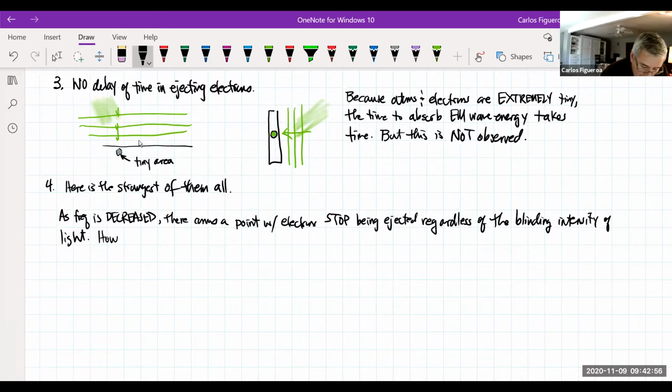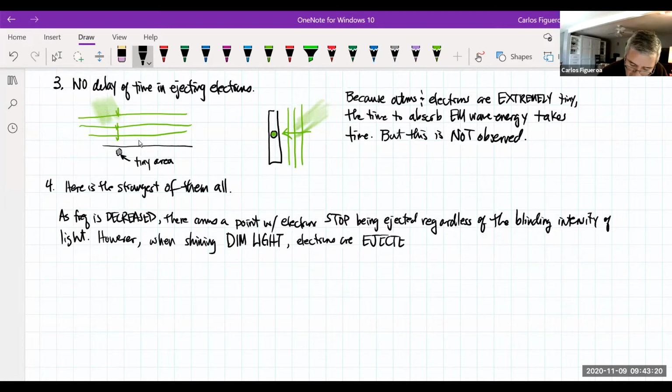However, when shining dim light, electrons are ejected, right? They're ejected if the frequency is high enough.